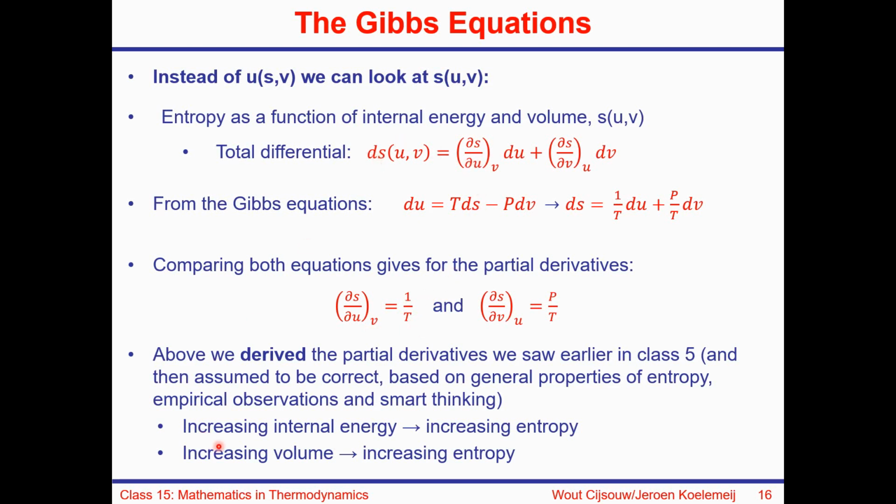And the same goes for an increasing volume. If dv is positive, we multiply it with a quantity that's also positive. So we see an increase in entropy. So the things that we kind of semi-empirically derived in class 5, we have now proved mathematically. And everything turns out to be as expected.